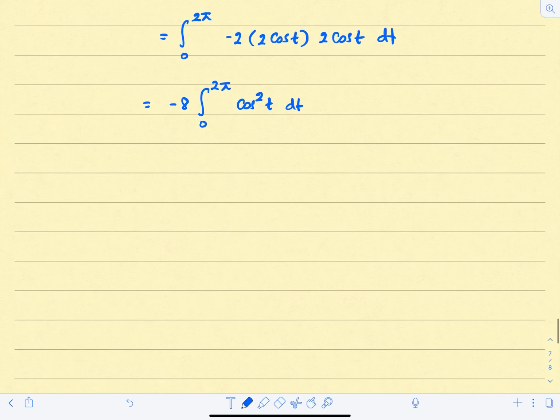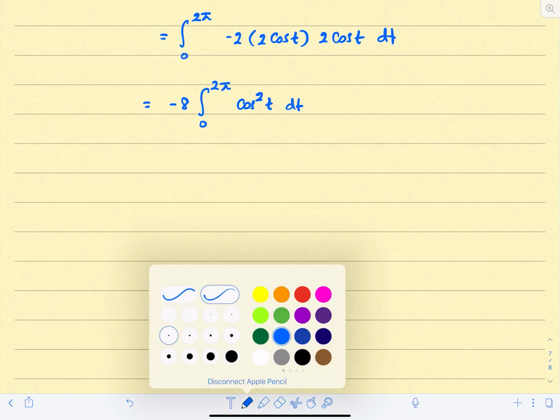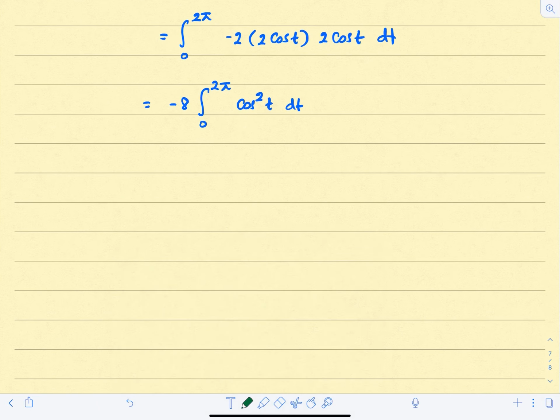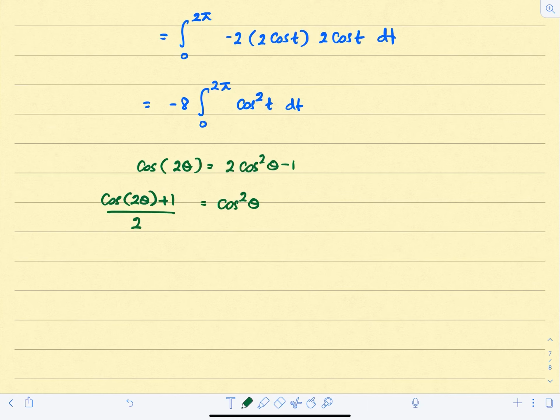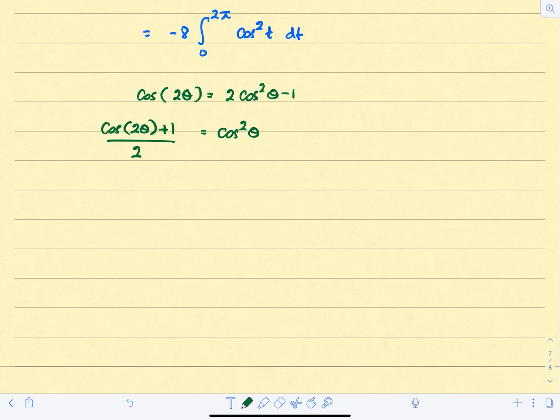Now to integrate cosine squared t, we use the half angle identity. You know that cosine 2 theta equals 2 cosine squared theta minus 1. This means cosine squared theta should be (cosine 2 theta plus 1) over 2. So instead of integrating cosine squared theta, now we can integrate this term.